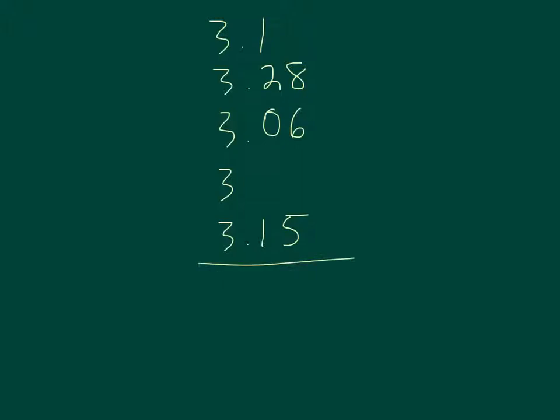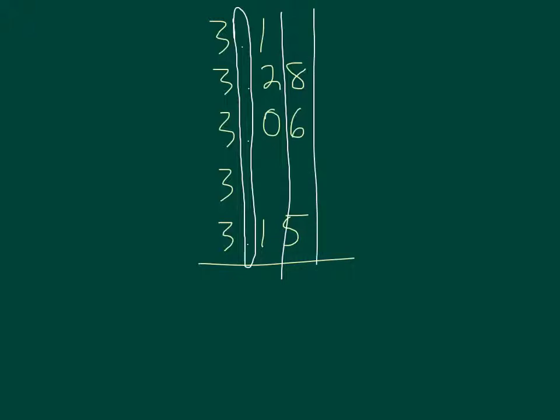If we write them in a column where the decimals are all on top of each other, so then we have columns of numbers, we can start comparing the columns and see which numbers are smallest, or from least. We can put them in order from least to greatest.